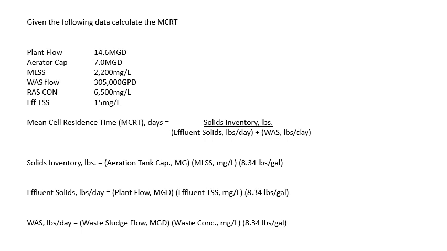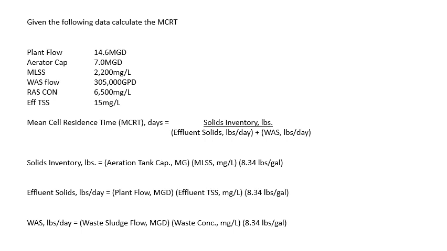The solids inventory, in pounds, is the aeration tank capacity in million gallons times the MLSS in milligrams per liter times 8.34 pounds per gallon. Your effluent solids, pounds per day, is the plant flow in million gallons a day times your effluent TSS in milligrams per liter times 8.34 pounds per gallon.